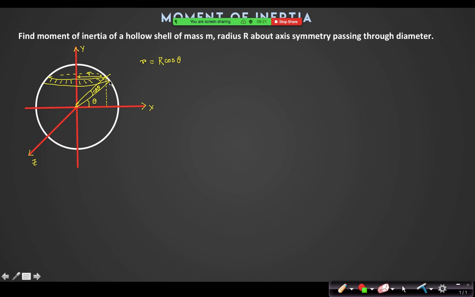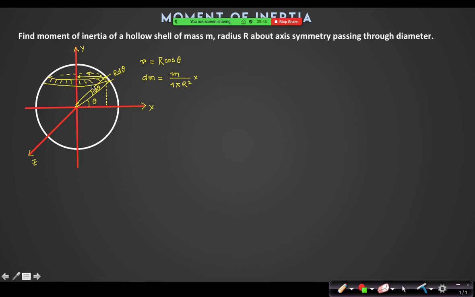And the width of the ring is r d theta. So what is the mass of that ring? Can I say it is the mass per unit area, which is m divided by 4 pi r square, multiplied with the area of that ring.